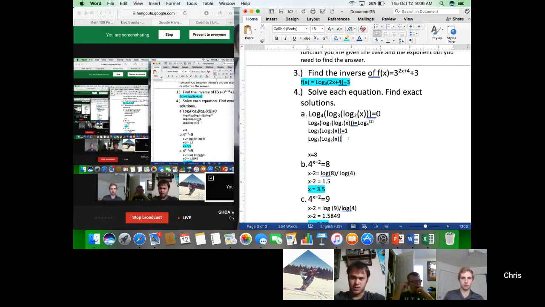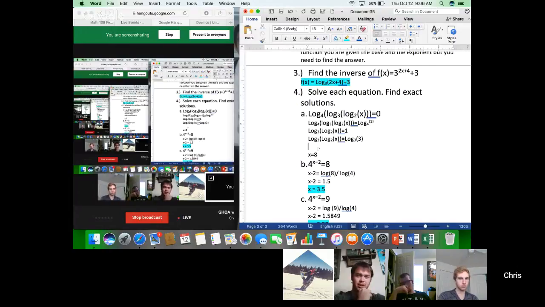And then equals log 3, parentheses 3. Because you're taking the base of 3 and putting it to the power of 1.